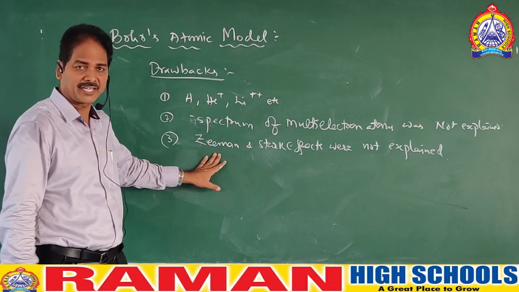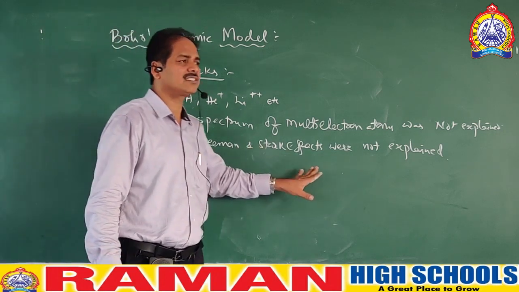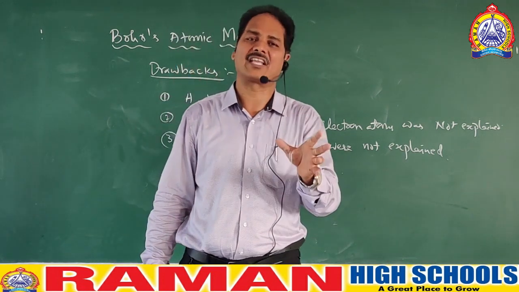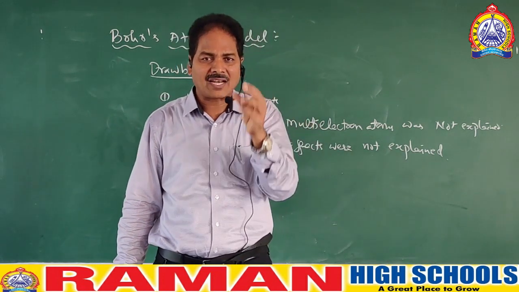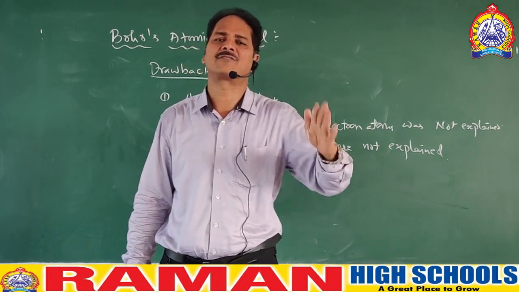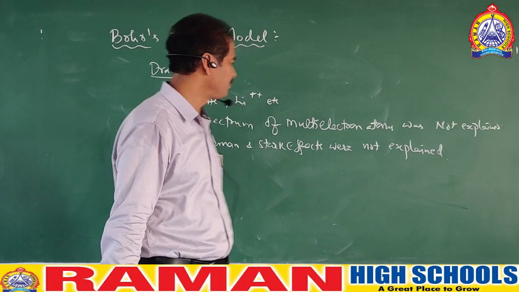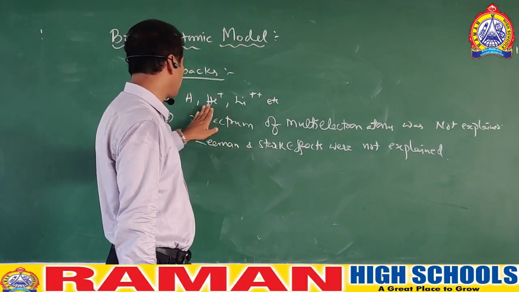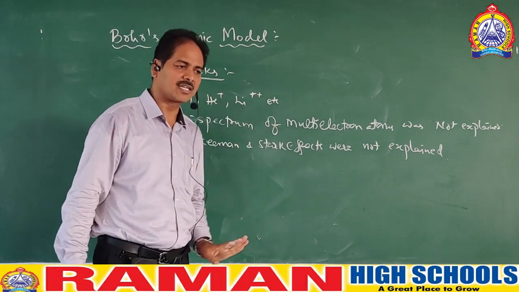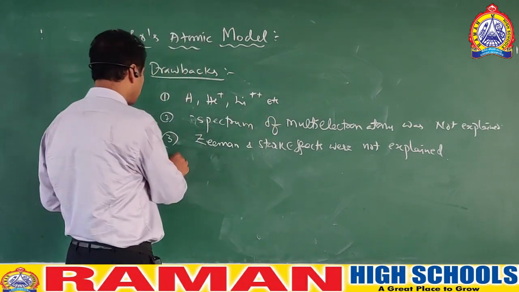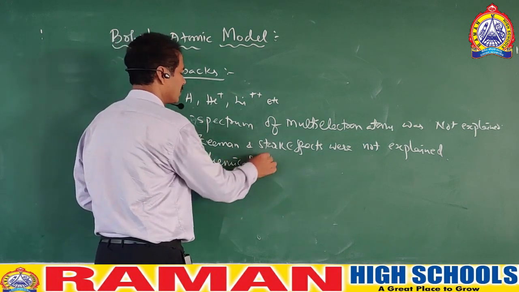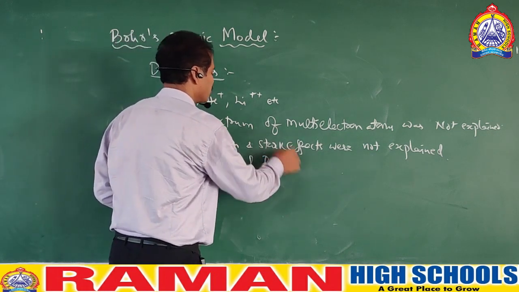The Stark effect is splitting of spectral lines under the influence of a strong electric field. So the spectral line observations under magnetic fields and electric fields were not explained by Niels Bohr. This model could not explain the spectrum of multi-electron atoms, only uni-electron atoms. And this model could not explain chemical bonds, how chemical bonds are formed between atoms to form molecules.